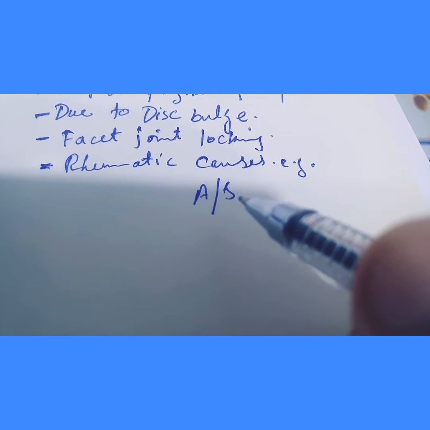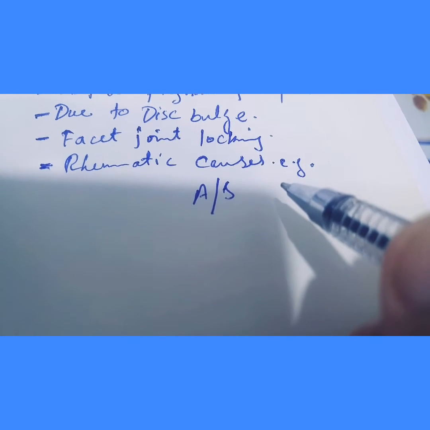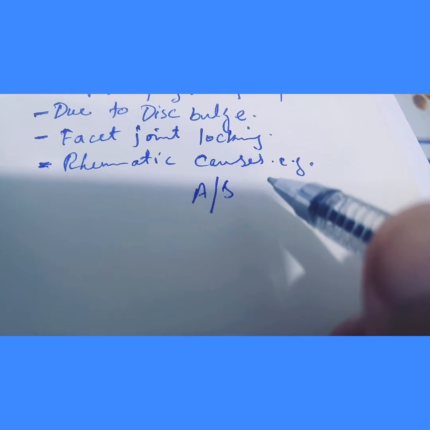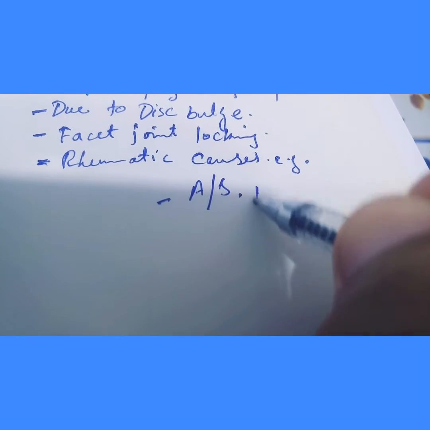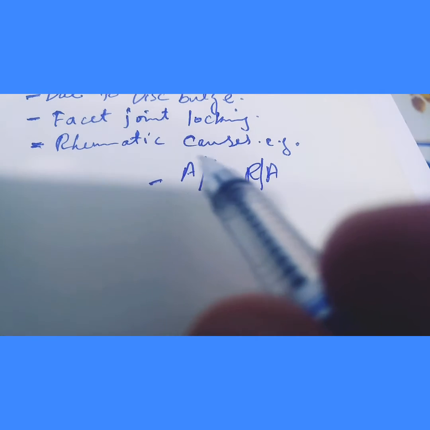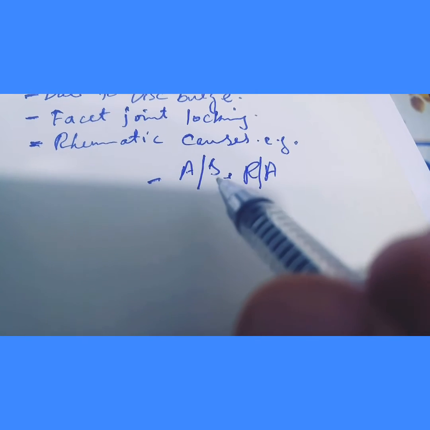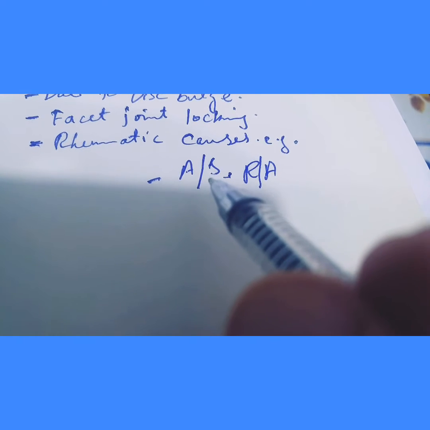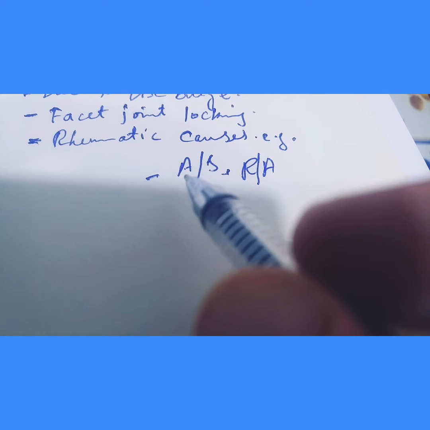Rheumatoid arthritis can also cause low back pain. So ankylosing spondylitis and RA are the rheumatic causes of the lower back pain.